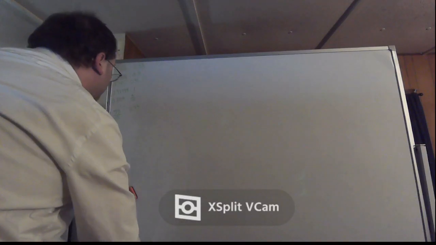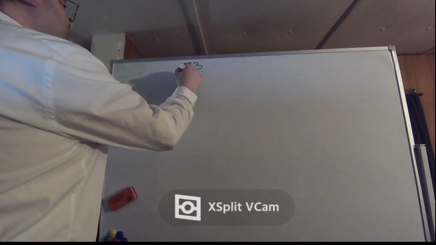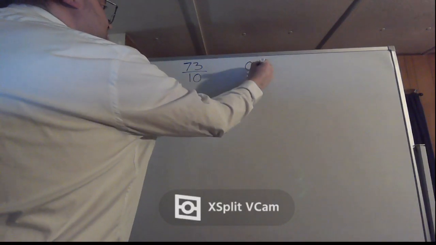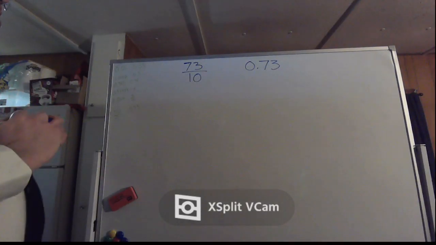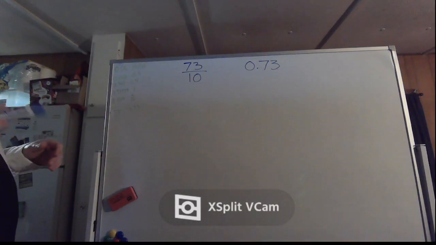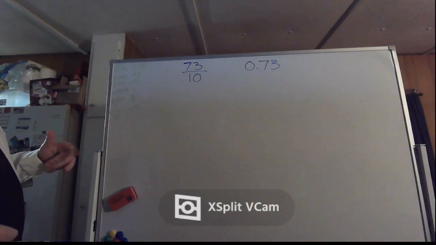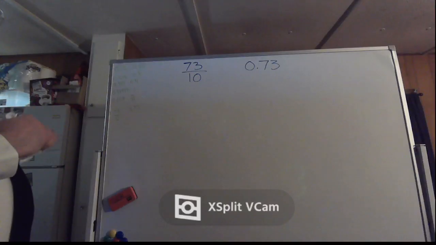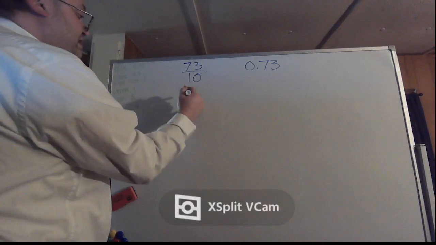Alright. Let's say we have 73 tenths. Then we have 0.73. So, again, we have one as a fraction, one as a decimal. It would probably be smart to make sure both are a decimal. So we start by converting the left number to a decimal.